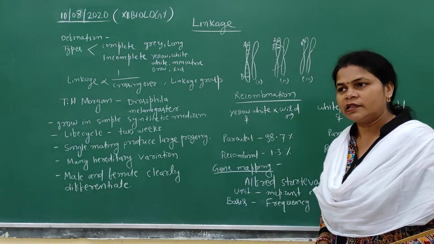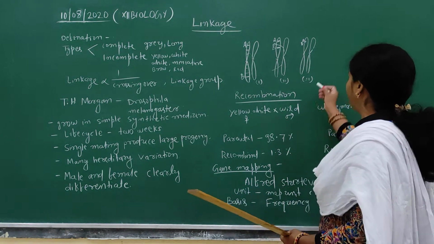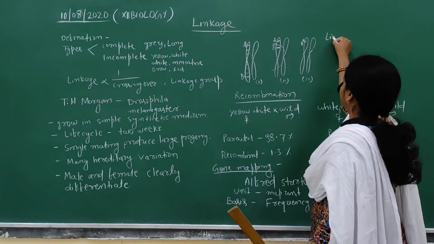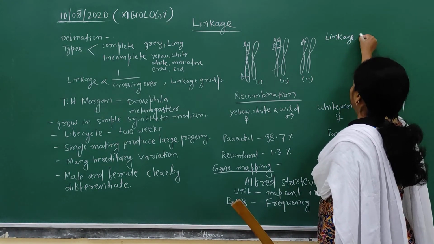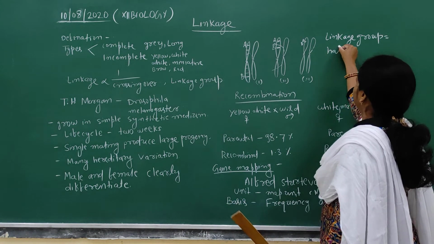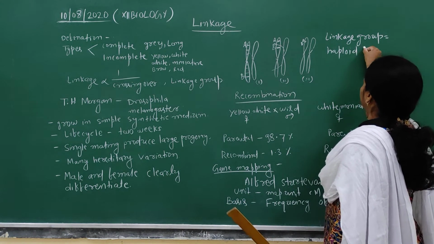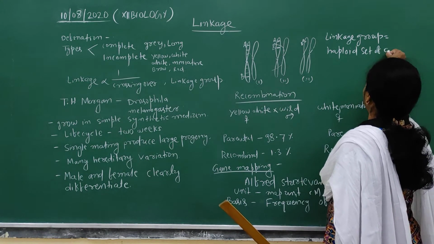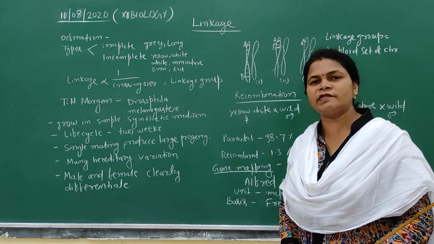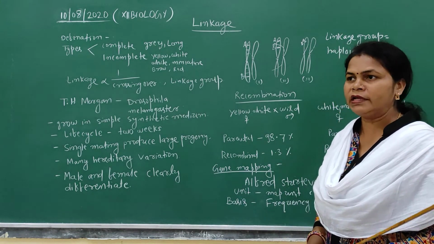So we may say the linkage group equals the haploid set of chromosomes of an organism.